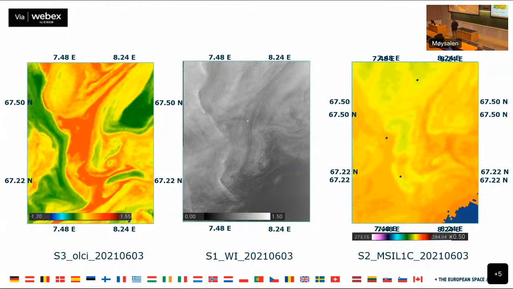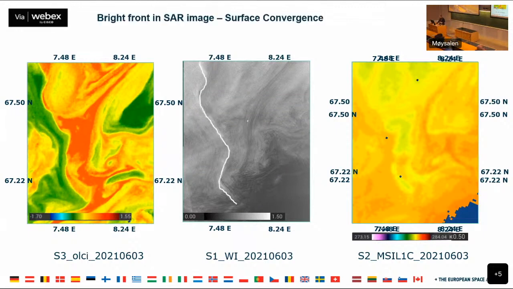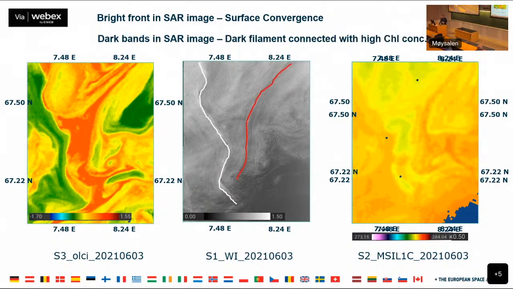But looking at the ocean color data, there is potentially a possibility here to claim that this one is a converging front, whereas this one is due to filaments of high concentration of chlorophyll, which this chlorophyll signal wants to tell us.